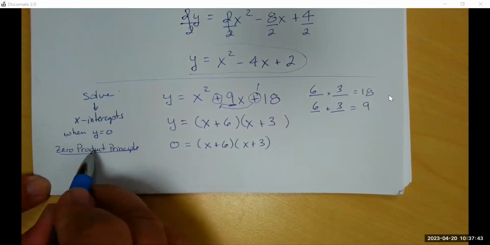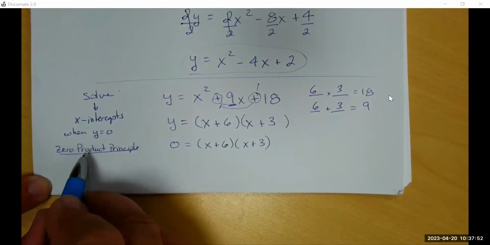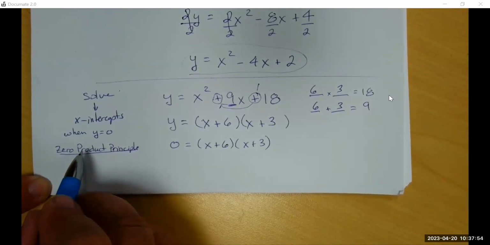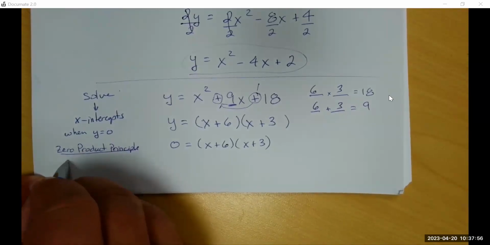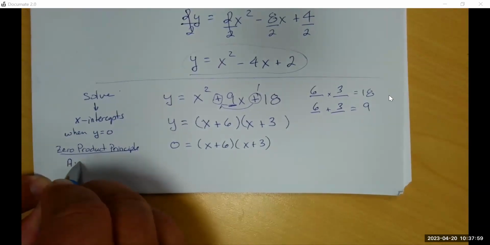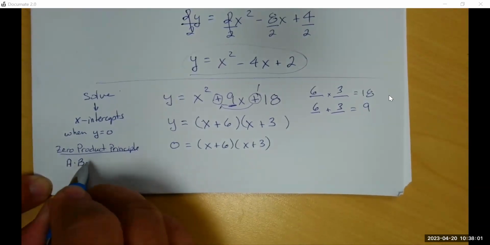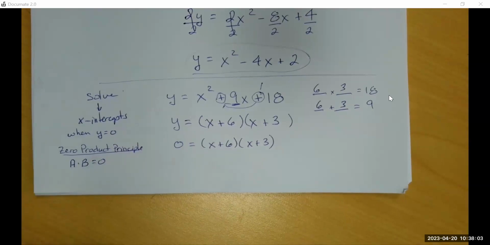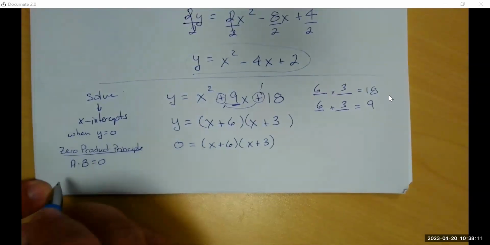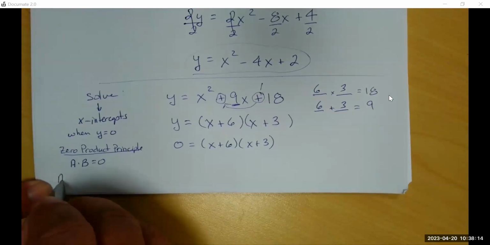What does product mean first? Product means multiplication. So if we have 2 numbers, A and B, and we multiply them and they equal 0, what can be true about A and B? Right, either one of them or both of them.